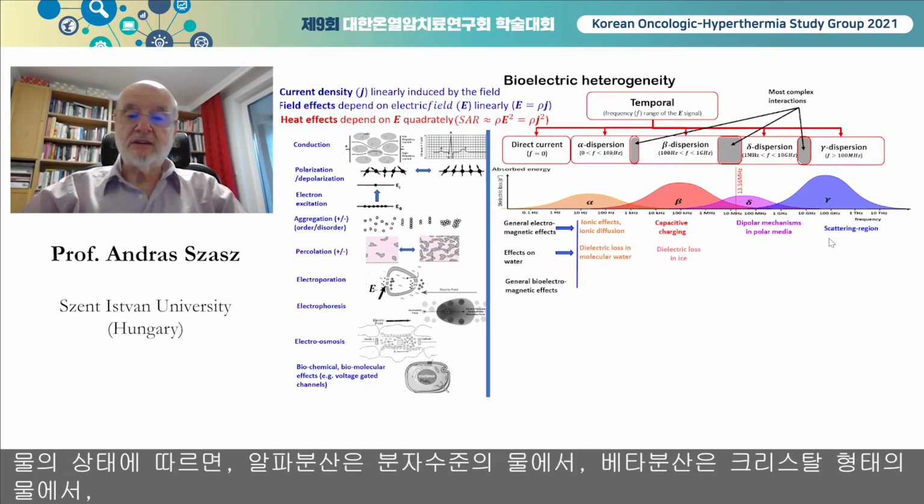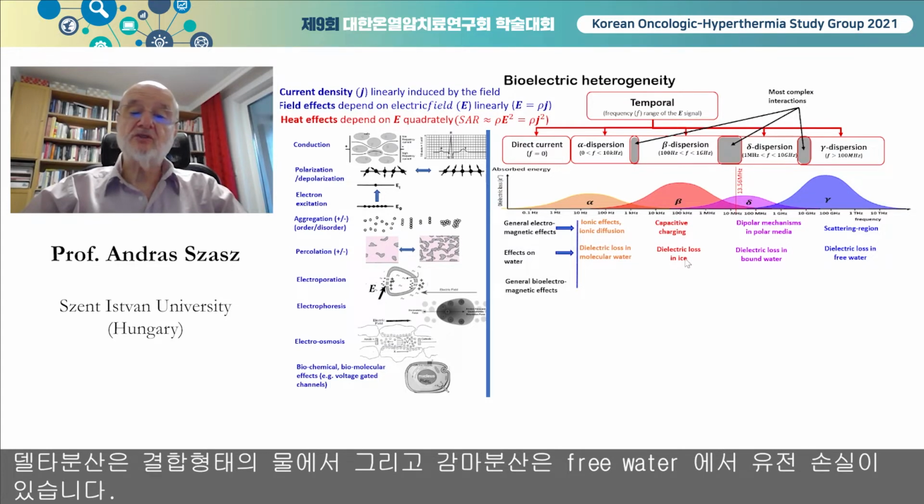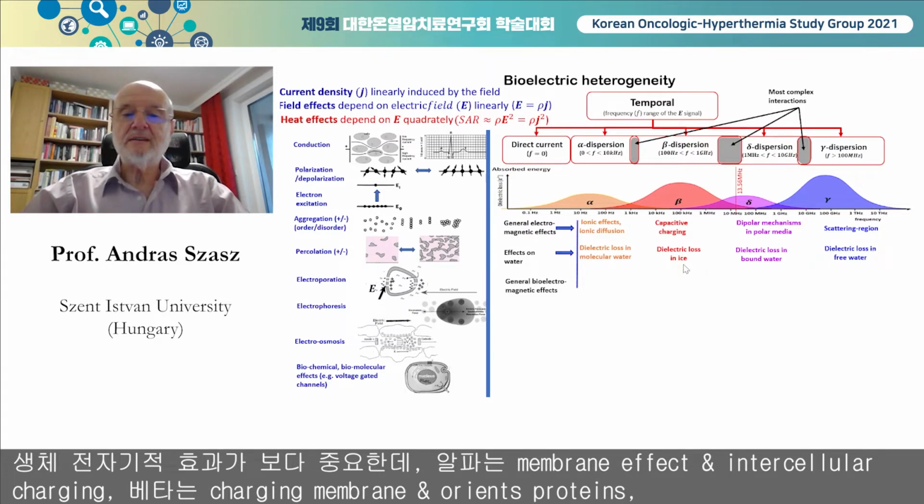In the water state, we have dielectric loss in alpha, dielectric loss in the crystalline spaces, not ice, but it's lichen ice, in beta, so molecular water in alpha, and crystalline water in beta, and then bound water in delta, and dielectric loss in the free water in gamma.